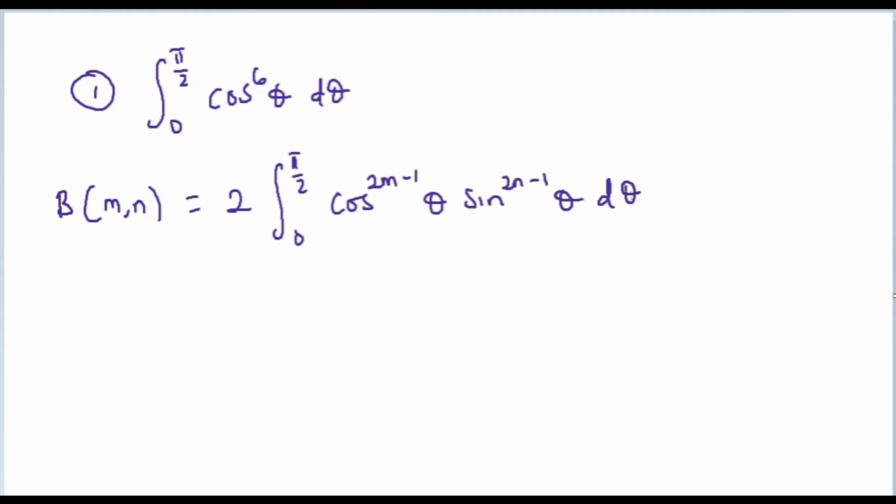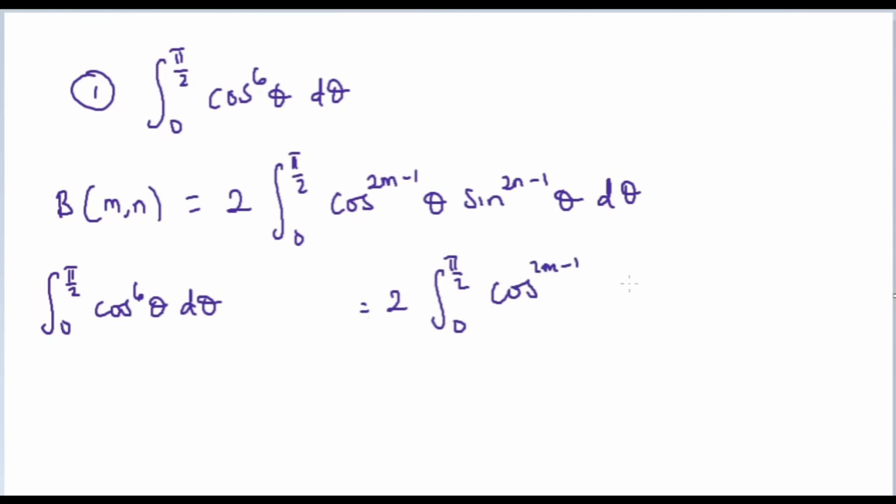This is right. So I want to compare it with my question. I have something like this as my question: the integral from 0 to pi over 2 of cos to the power of 6 theta d theta. I'm comparing it with 2 times the integral from 0 to pi over 2 of cos 2m minus 1 theta sine 2n minus 1 theta d theta.